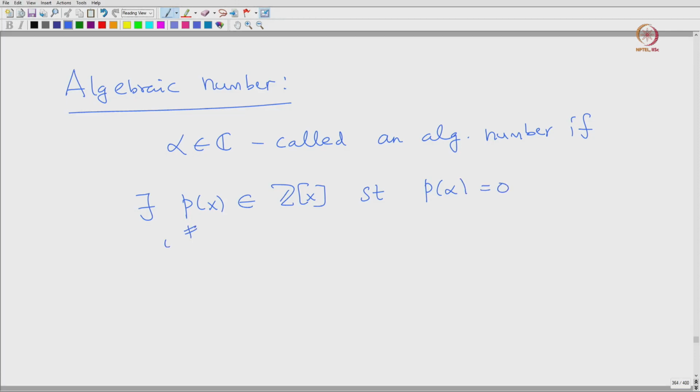So, we want some non-zero polynomial such that p of alpha is 0.